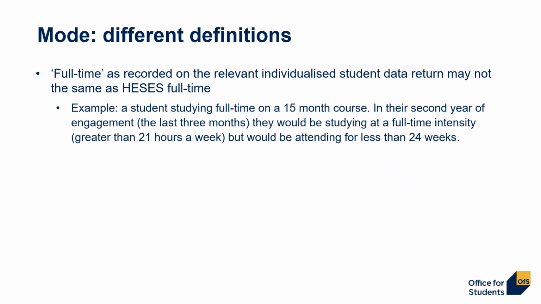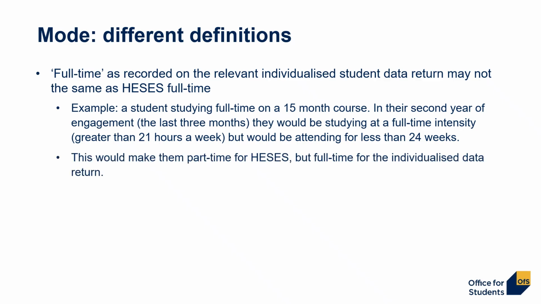So for example, a student could be on a 15-month full-time course where in their second year of engagement, that is the last 3 months of their period of study, they would still be studying at a full-time intensity, in other words for more than 21 hours a week, but would be attending for less than the 24-week threshold needed as part of the HESES full-time criteria. This would make them part-time for our HESES definition, but full-time in terms of the relevant individualized data return.